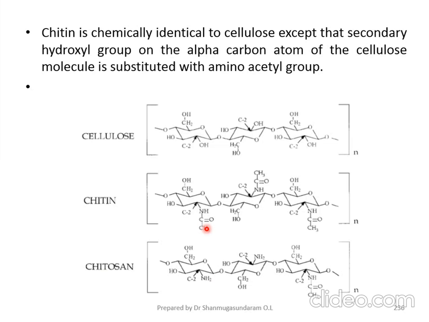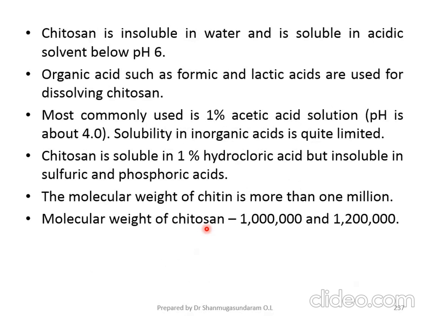Please look at the properties. Chitosan is insoluble in water and is soluble in acetic acid or acidic solvents, that is below pH 6. So you have to use some acids for the dissolution of your chitosan polymer.